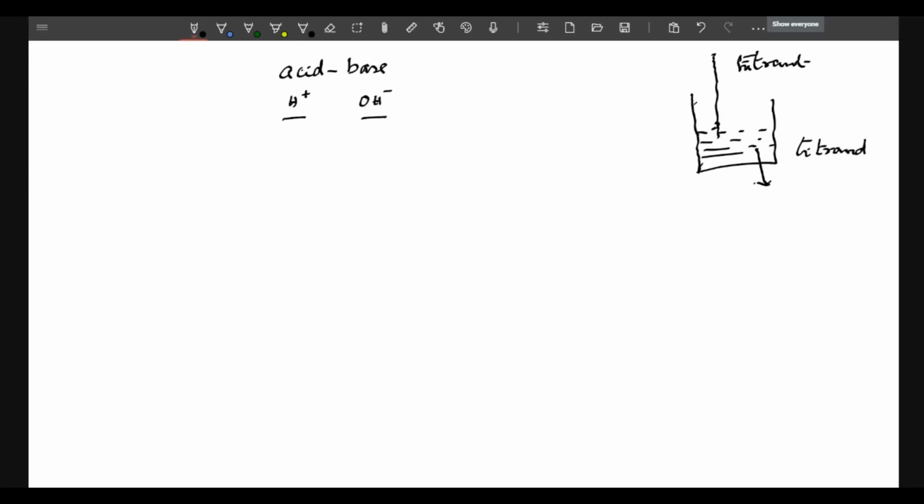Okay, here what are the types of acid and bases we are going to use? A strong acid and a strong base. For example, hydrochloric acid versus sodium hydroxide or potassium hydroxide. Here we take HCl as the solution in the cell, and the titrant is sodium hydroxide.